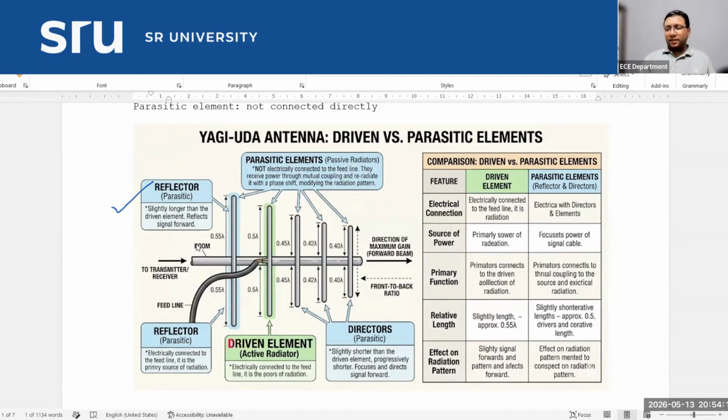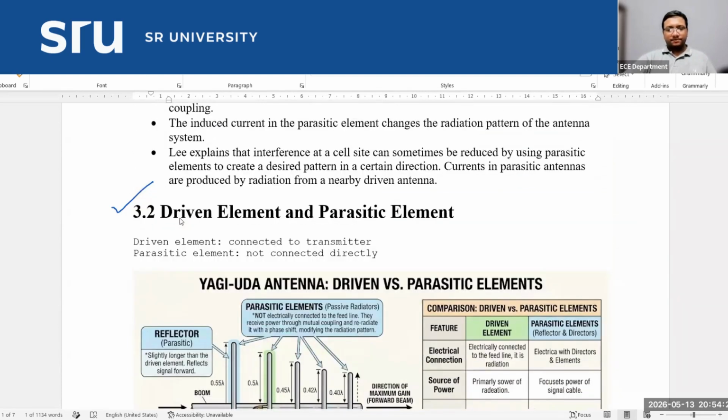Now, why is modification of radiation pattern required? In the last class we described that requirement. In all directions radiation is not desirable, because if the antenna radiates in all directions, then it enhances the chances of co-channel and adjacent channel interference.